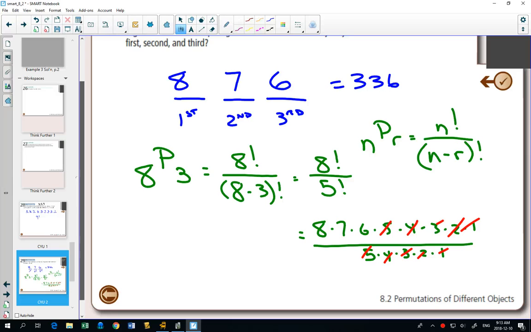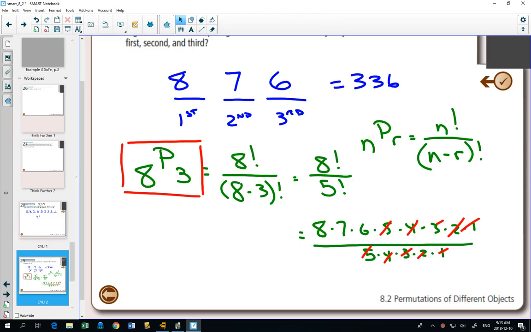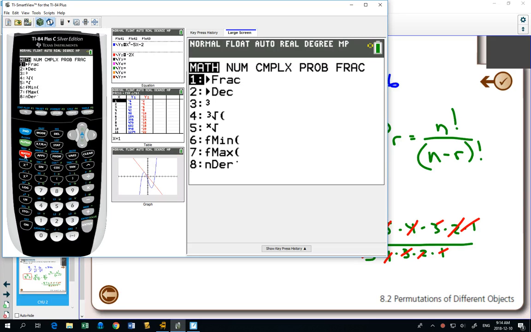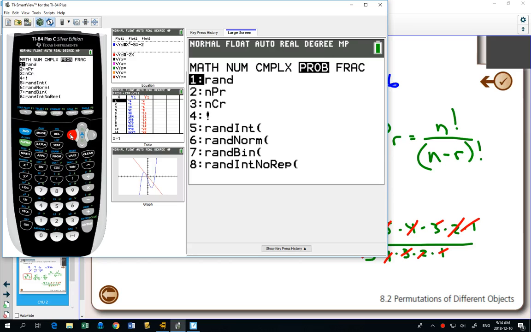So now I need you to figure out how you would type this into your calculator. So if you go to your calculator, and the same place that you found your factorial button, if you push 8 first, and then go math over to probability, the second one is nPr.